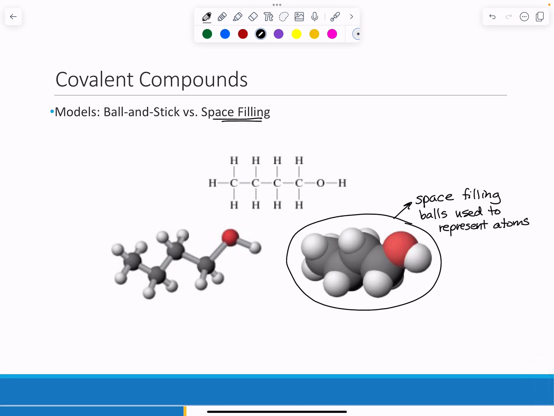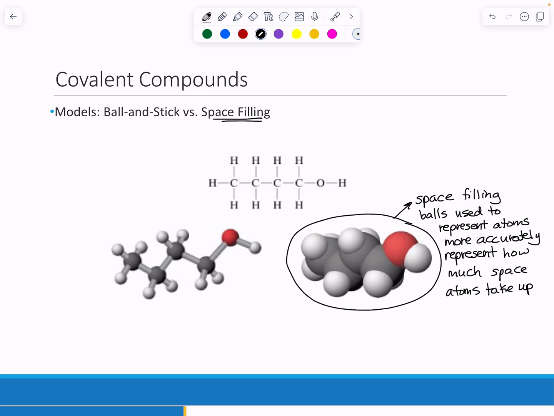These over here are scaled down so that you can see lines as bonds. So the balls used to represent atoms more accurately represent how much space an atom takes up. So that is ball and stick versus space filling.